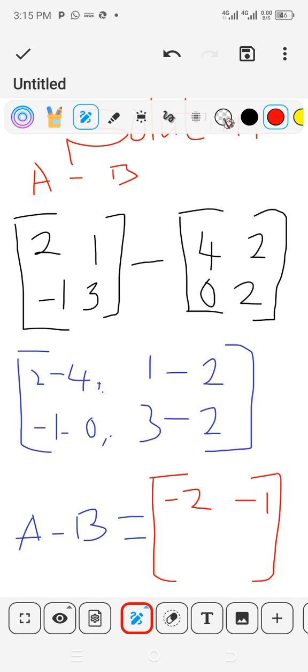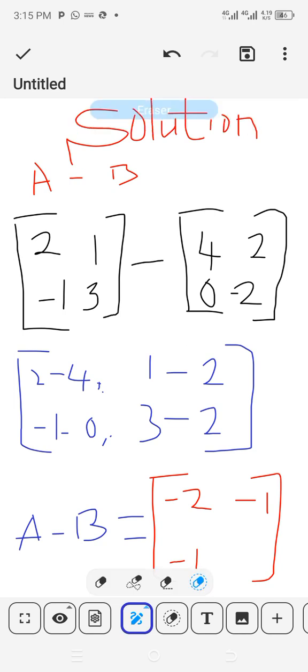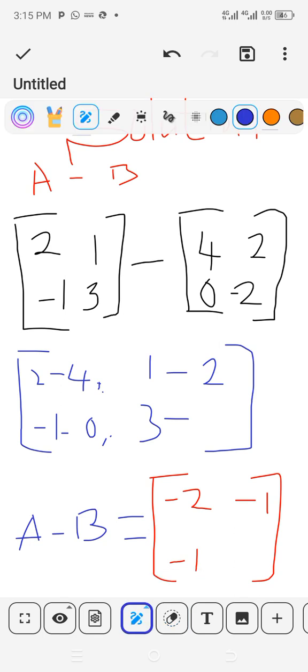Then here now we have 3 minus 2. Minus will give you plus, and it will give you 3 plus 2, which is equal to 5.